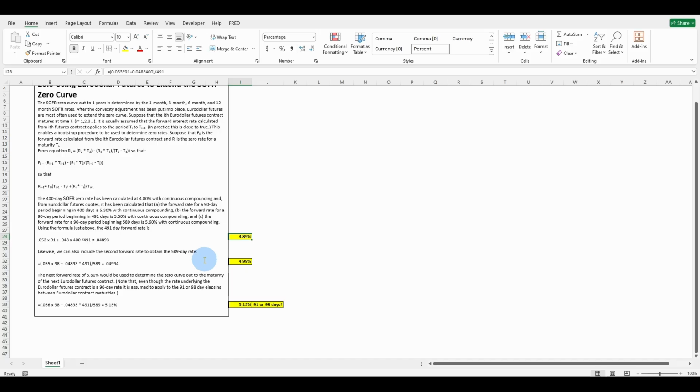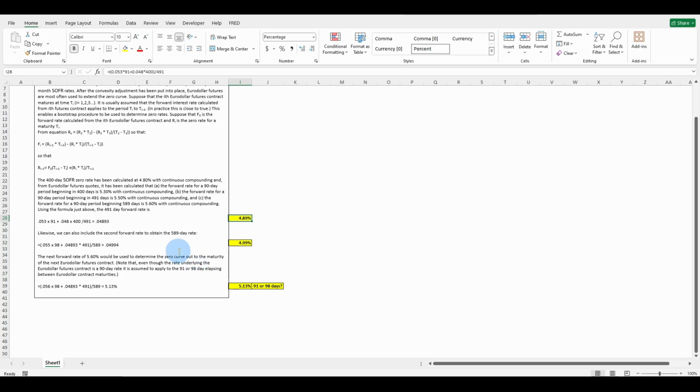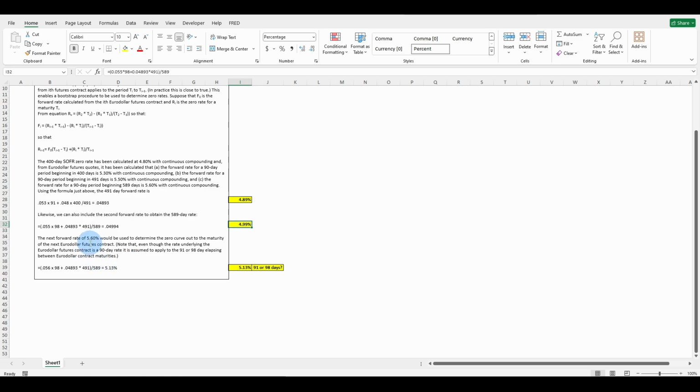And then likewise, we can also include the second forward rate to obtain the 589-day rate: 0.55 times 98 plus 0.0489 times 491, divided by 589. So this is a little bit different, but the same practical application. The next forward rate of 5.6% would be used to determine the zero curve out to the maturity of the next Eurodollar futures contract.